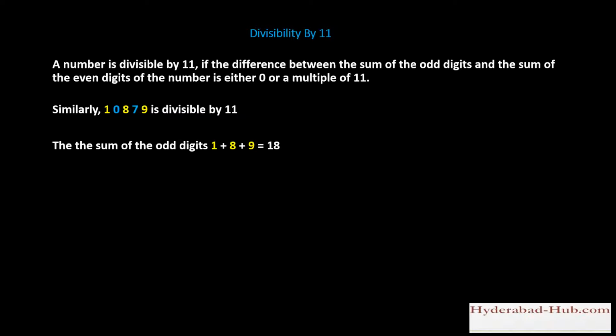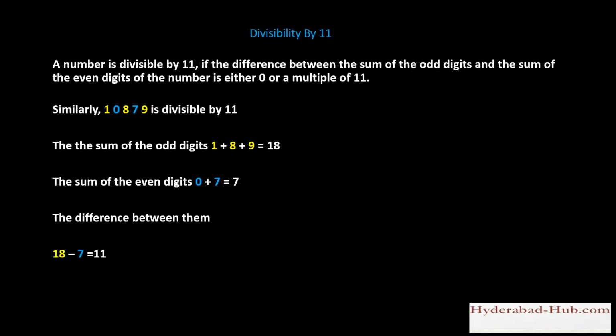The sum of the even digits is 0 plus 7, that is 7. The difference between them is 11. So 11 is a multiple of 11. Hence, 10,879 is divisible by 11.